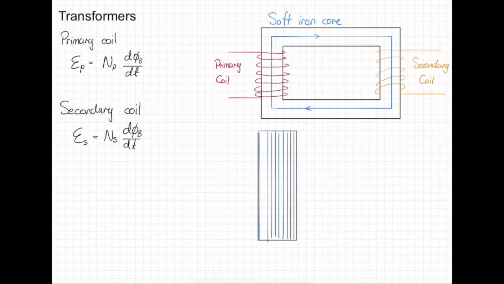As our transformer is all connected by the one soft iron core, the changing magnetic flux is actually equal in each. This means that we can make them equal to each other and arrange our formula in such a way that the EMF produced in the primary divided by the EMF in the secondary is equal to the number of turns of the primary over the number of turns in the secondary.